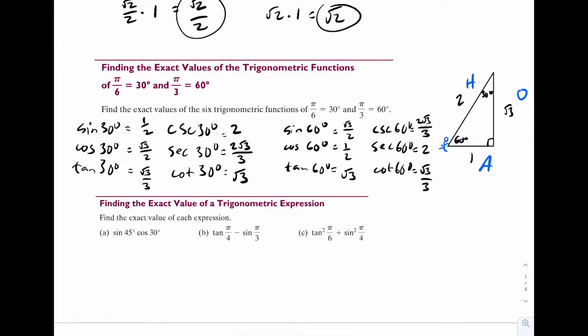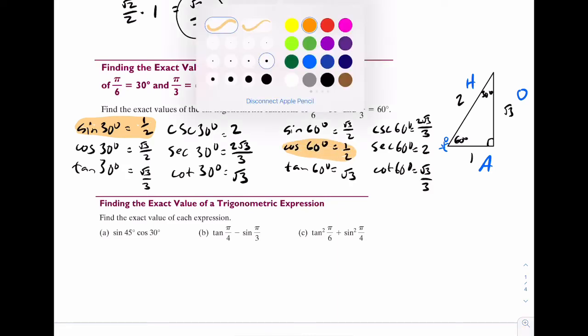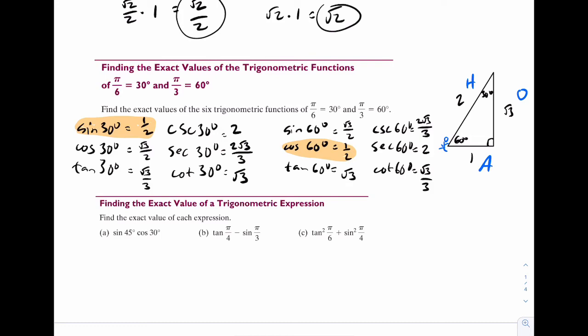And there's our answers. Now, hopefully you notice something interesting here. These numbers should all look familiar. Let's look at this sine 30. That's a half. Isn't it interesting that that matches up with cosine 60? That's also a half. And then look at cosine 30.